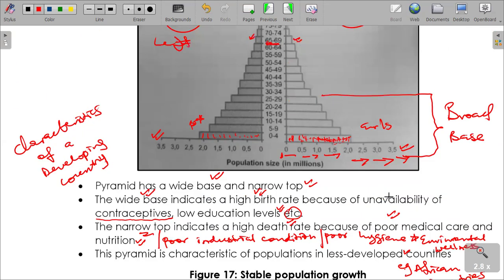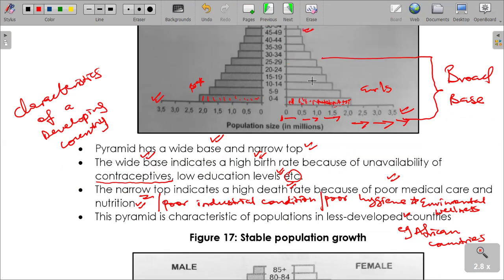People don't grow to the maximum age of maturity but die early, which is shown here by something like 45 plus. 45 to 49 is possibly the life expectancy of these people, where we still have a majority of people living up to.